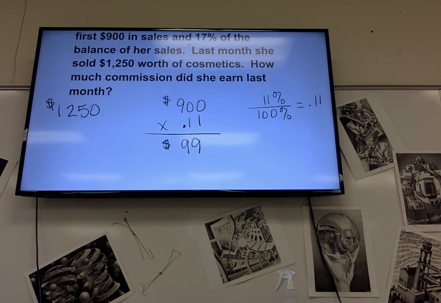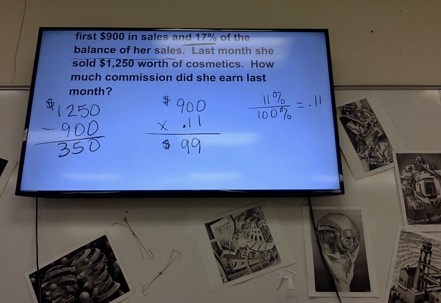Then she's going to get 17% of the rest. The balance would be the rest of her sales. So how do I figure out how much she sold more than 900? Yeah, subtract it from 12.50. So $350, she's going to get the higher percentage of.